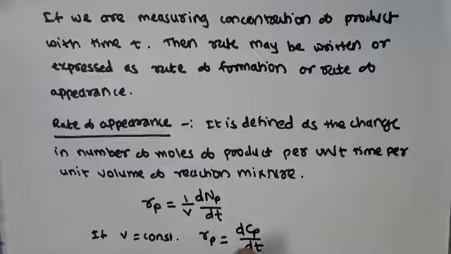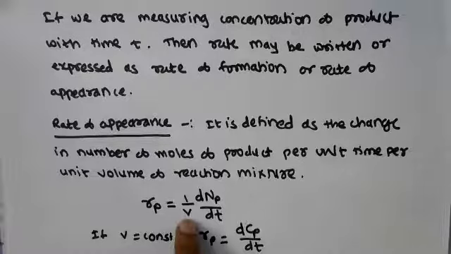Now, in this case, we were referring to the volume of reaction mixture. There may be some other variables which might be involved. Here the basis was per unit volume of reaction mixture.